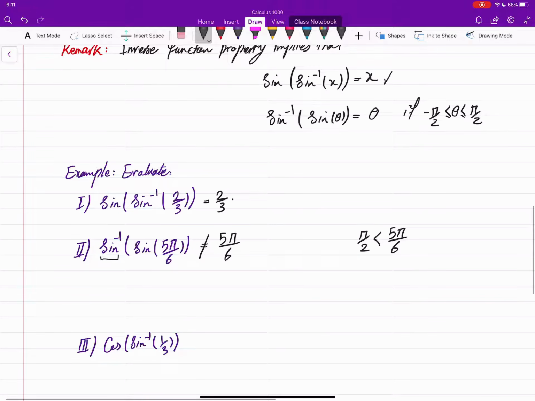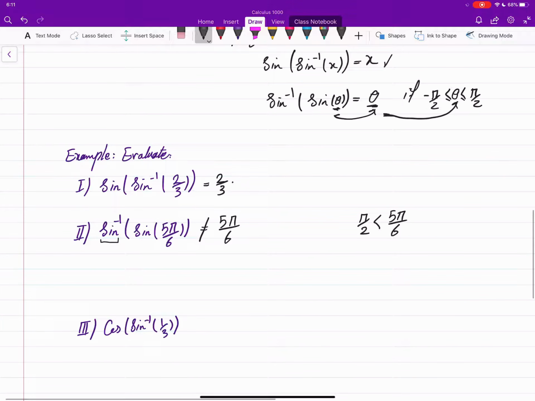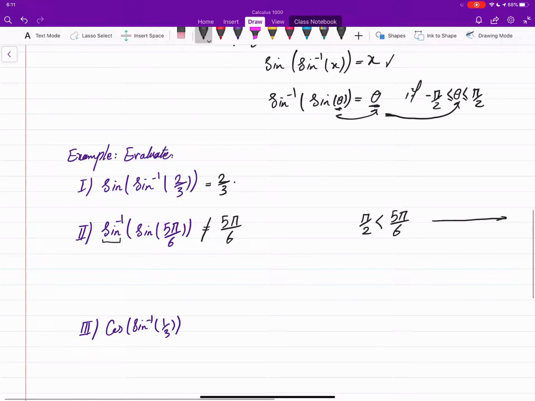Because this is not always true. This is only true if theta is an angle between -π/2 and π/2. Here what we have is an angle which is somewhere here. But what we know is that I can replace that with the angle of this one here, which is π/6. These are going to have the same sine.